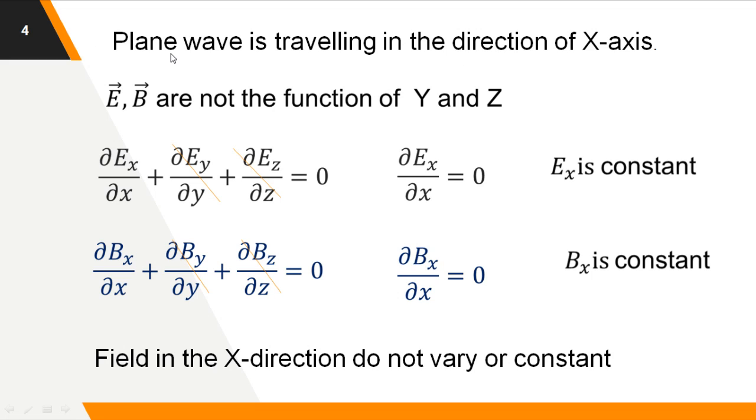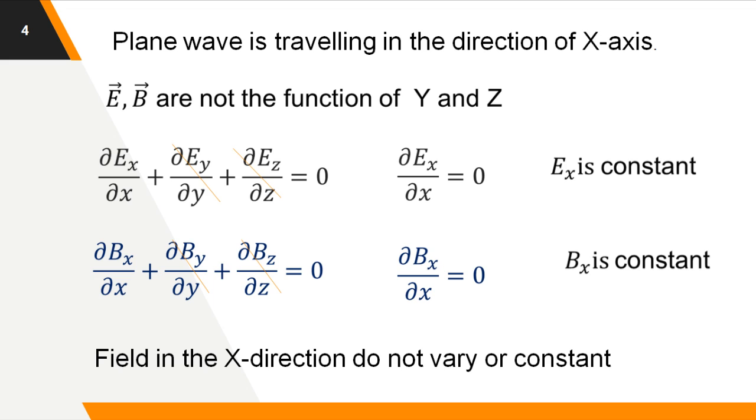Let us assume a plane electromagnetic wave traveling in the direction of the x-axis. We assume it. So in what direction is the wave traveling? Along the x-axis. What is the meaning of this? That means E and B, the electric and magnetic fields, are not functions of y and z.